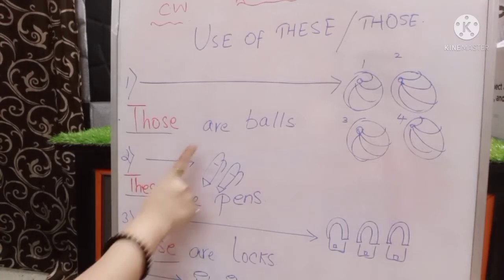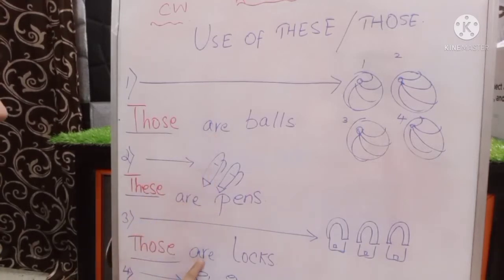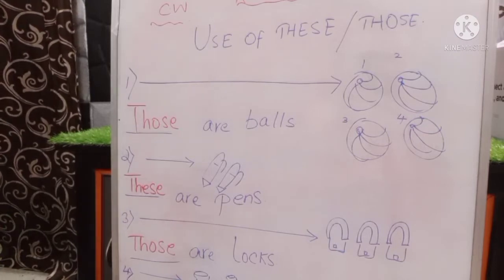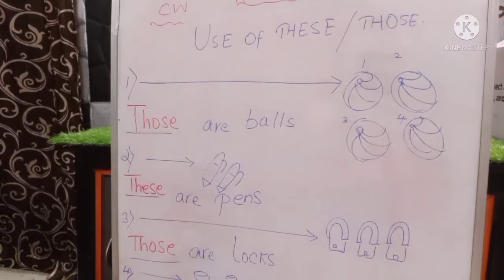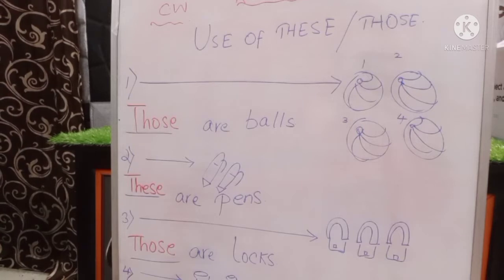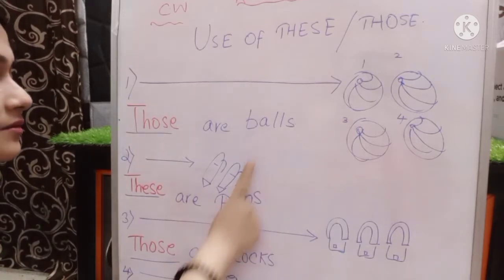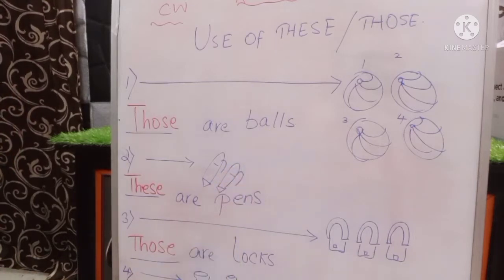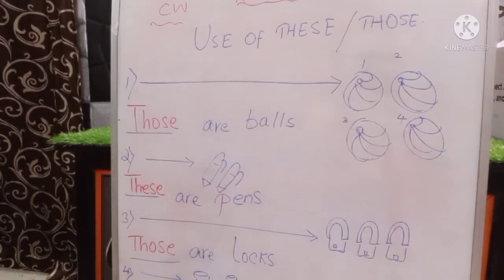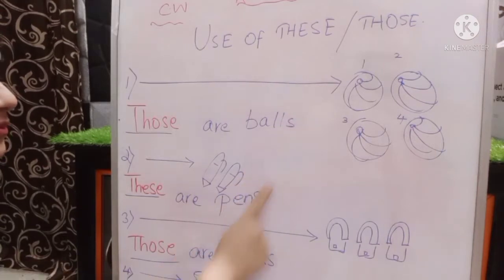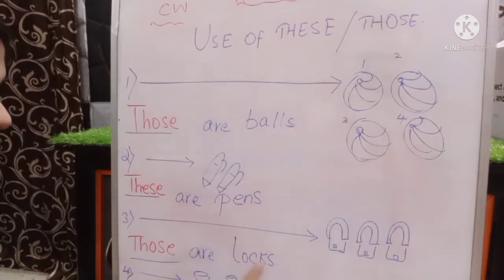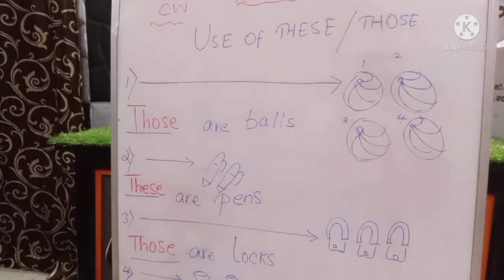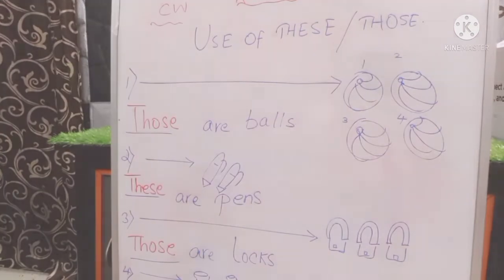Then here we all write are, because it is more than one. It is not single one, it is plural. And all the words that we write like balls, pens, locks, pots, stars, we add s, to indicate plural form.